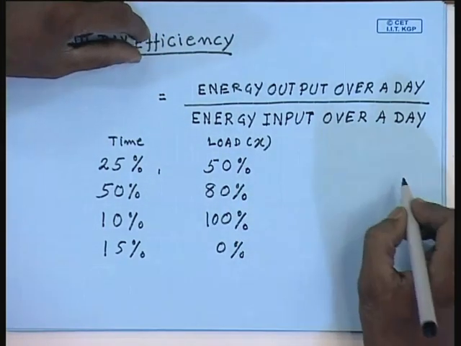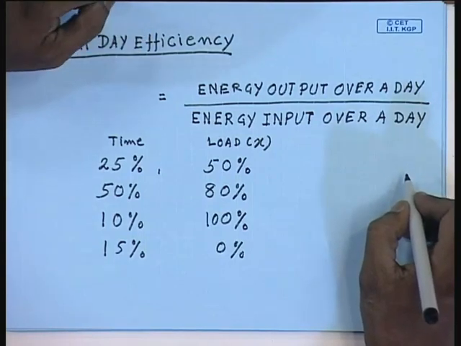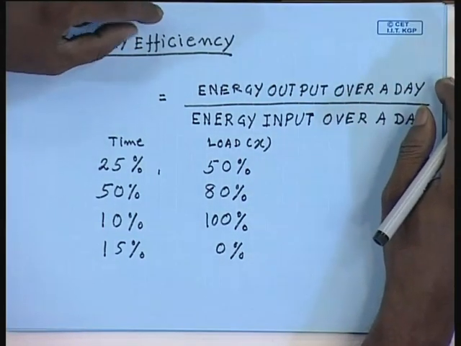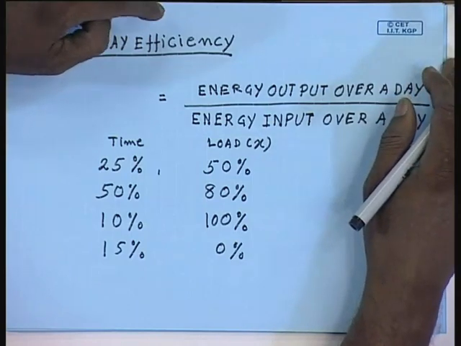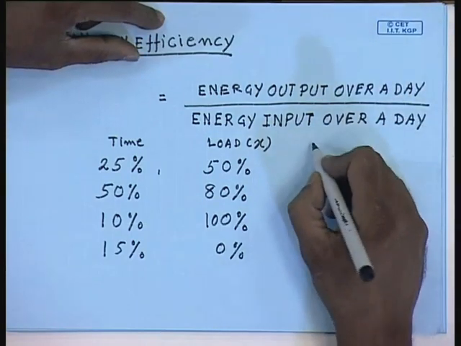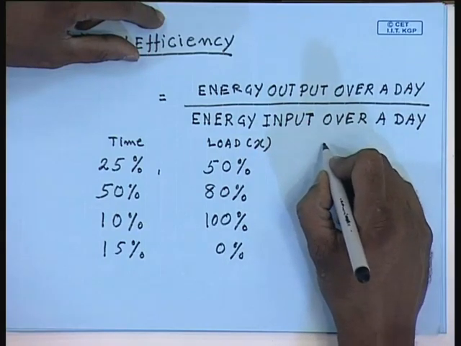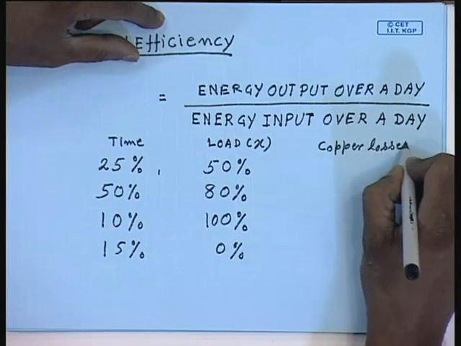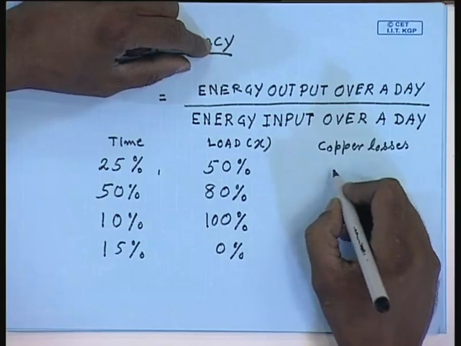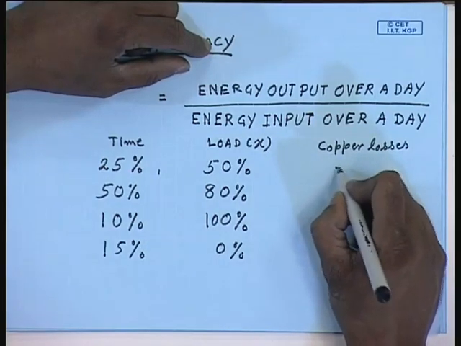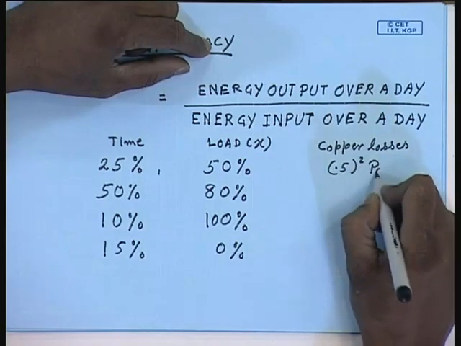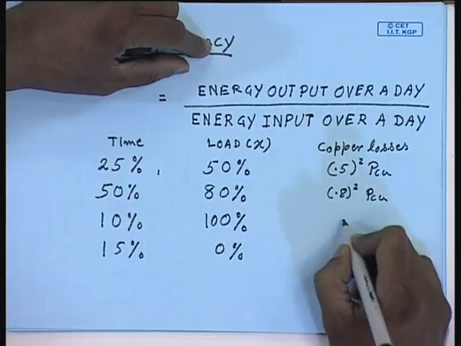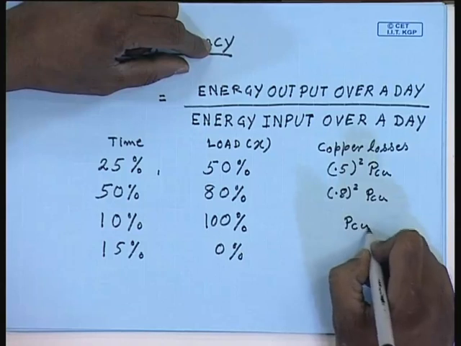Now, if this transformer has a copper loss of PCU at full load and Pi is the core loss, then the copper losses will be 0.5 square PCU, here it will be 0.8 square PCU, here it will be PCU, and here it will be 0.